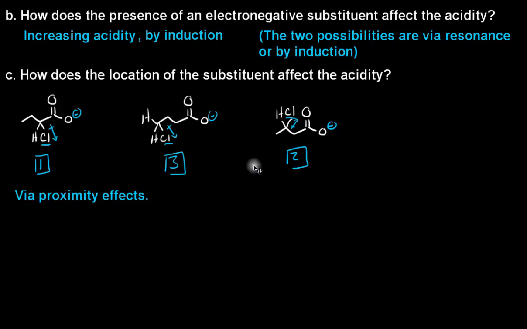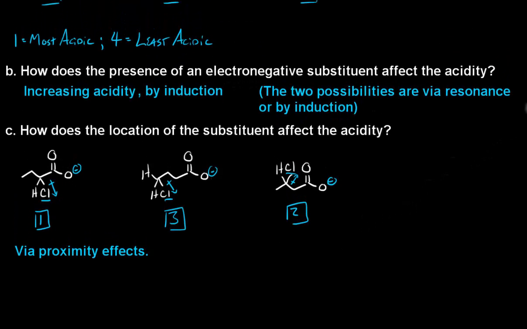That's pretty much it for that question. A little bit more of a conceptual question, but the real issue here is making sure you have a good grasp on electronegativity and how, via induction, something that's really electronegative can make a compound much more acidic.